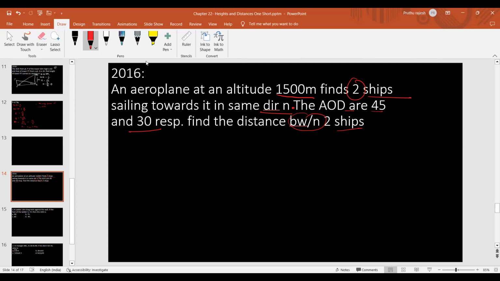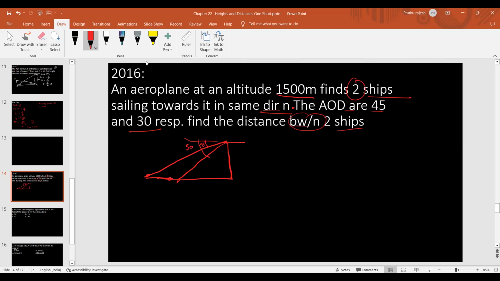So if this is the aeroplane and there are two ships sailing towards the aeroplane, one second. This is the aeroplane. So one ship it finds here, and another ship it finds here. And now the angles of 30 and 45 respectively.